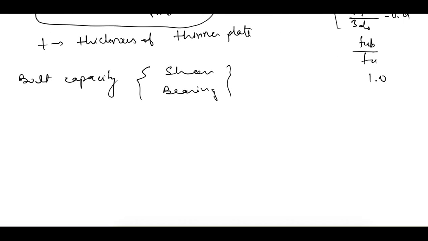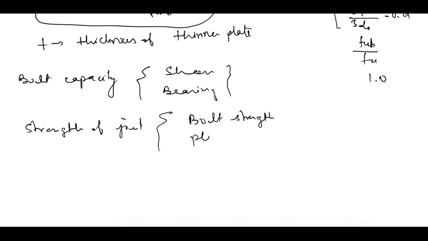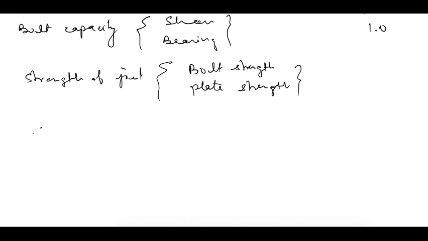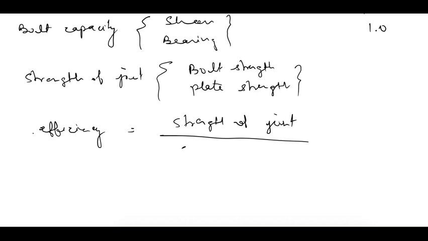and the strength of the joint is the minimum of bolt capacity or bolt strength and plate strength in joint. And if we want to calculate the efficiency, then efficiency is given as strength of the joint divided by strength of solid plate.